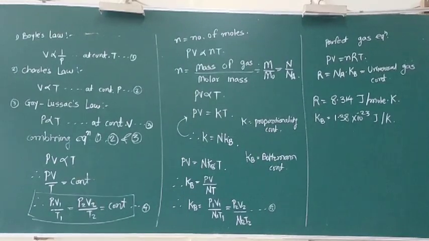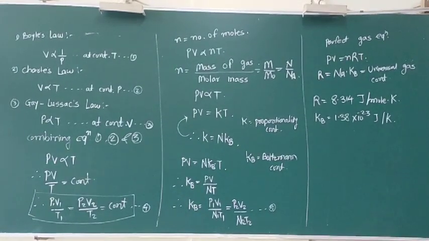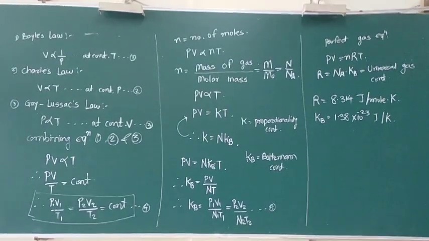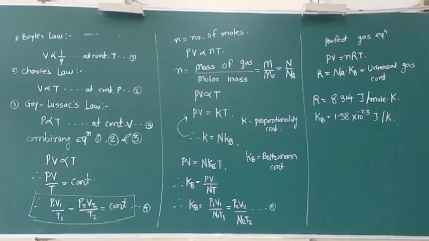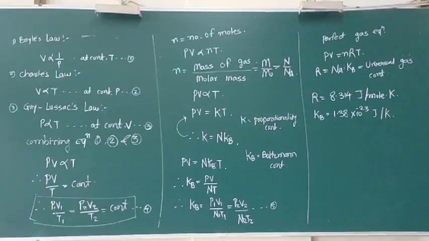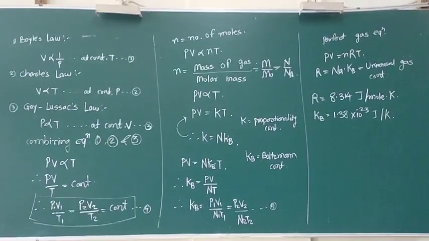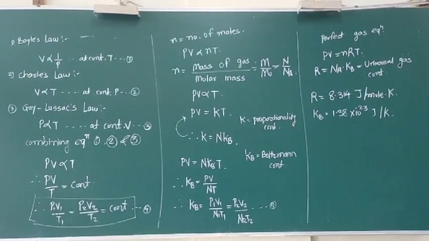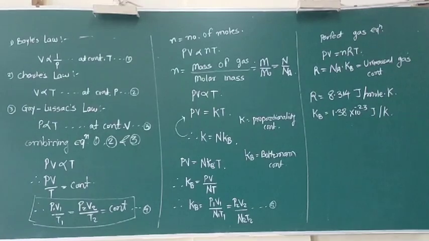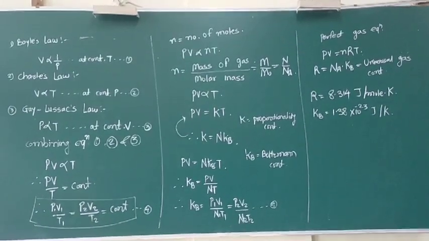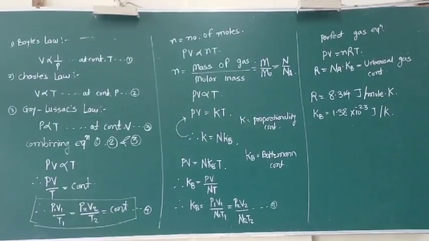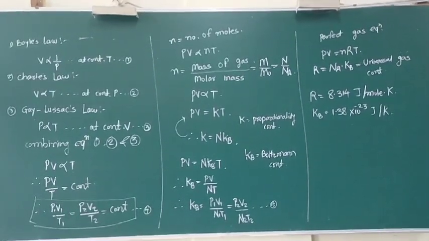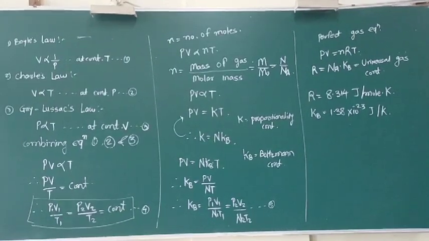And Gay-Lussac's law, at constant volume, pressure is directly proportional to temperature. Now combining these three equations, we get PV is directly proportional to T. That means PV upon T is equal to constant. For gas 1, we can write P1 V1 upon T1, for gas 2 is equal to P2 V2 upon T2, which is equal to constant.